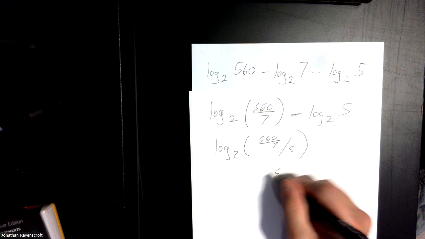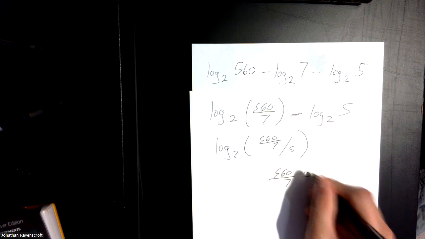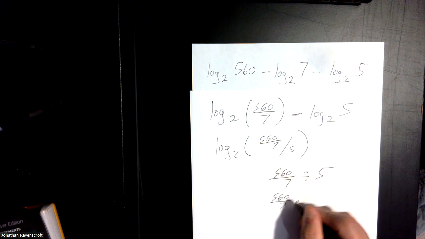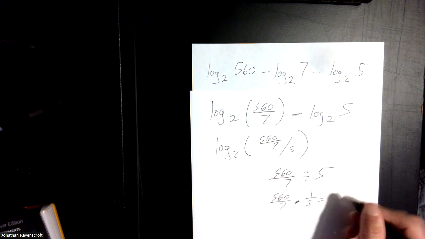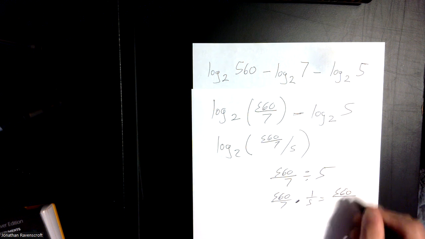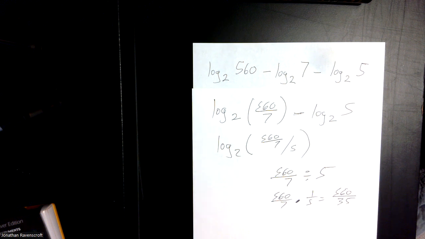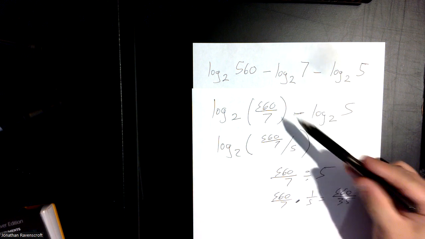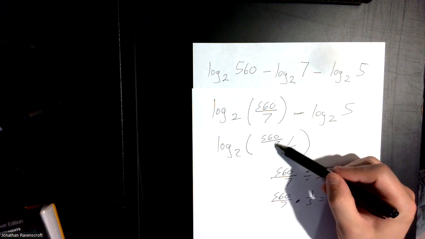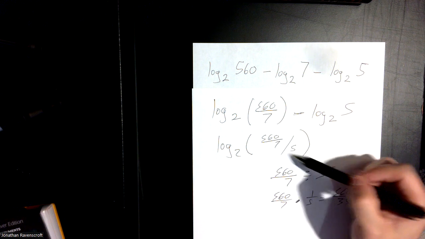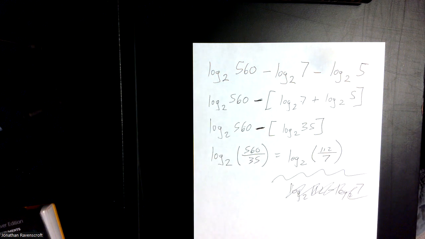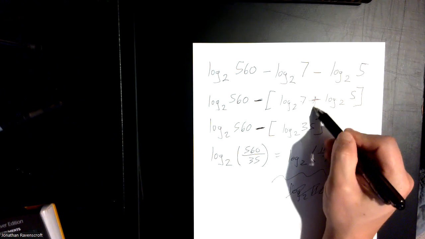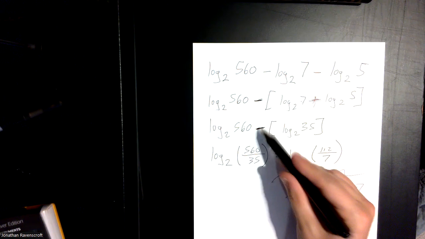This is the same thing as 560 over 7 divided by 5, which is the same as 560 over 7 times 1/5, which is 560 over 35, the same thing we got. This approach is a little less straightforward to me. Having to do this divided by this can confuse students. That's why over here I tried to create some addition so that we get multiplication and then divide.